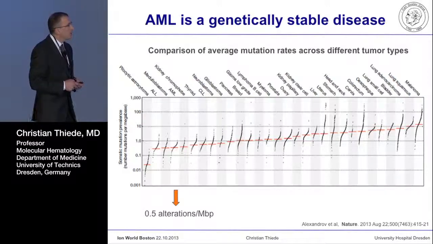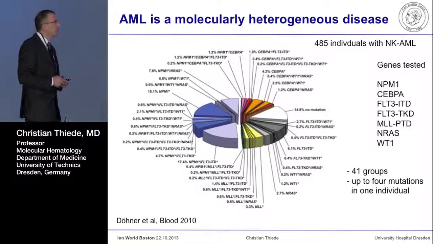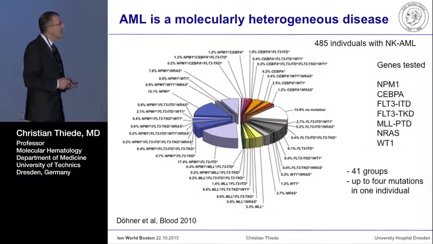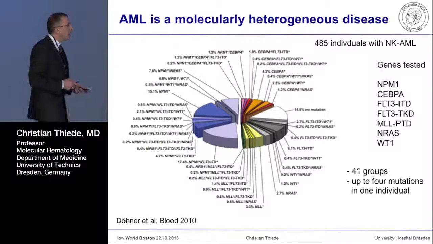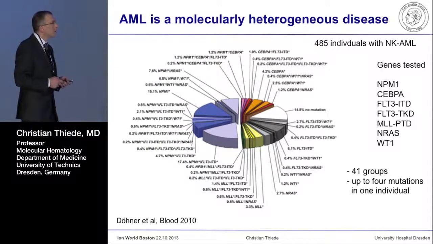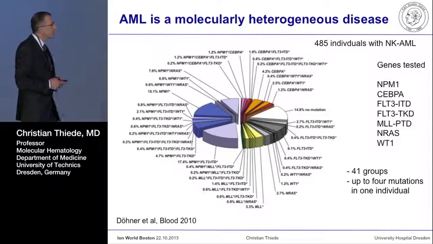But still, when we only analyze a certain group of genes, which has been done already in the past, we see how complex this disease is in sub-stratifying on the molecular basis. So we can identify certain groups of patients having alterations in genes like, for example, NPM1 or CEBPA.